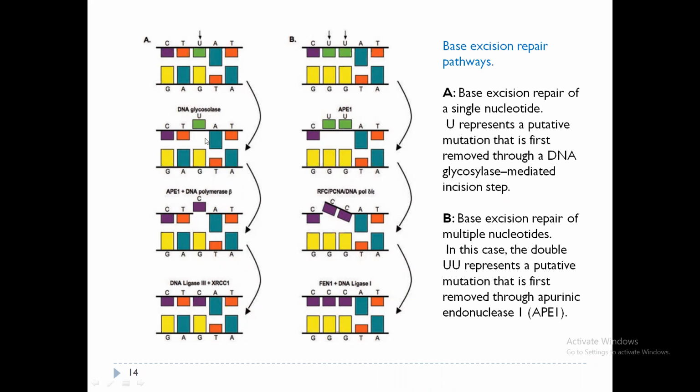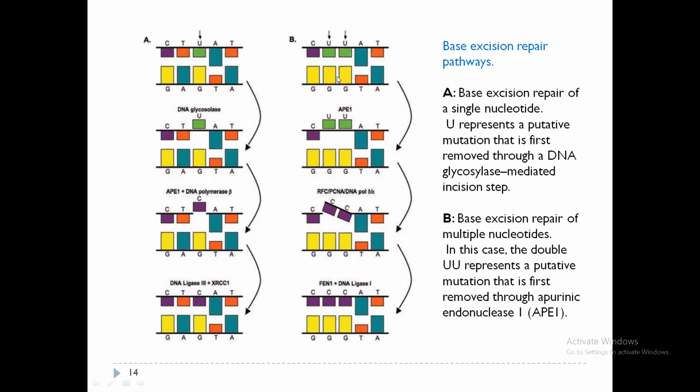Then the sugar will be removed by APE1, apurinic endonuclease 1. For the repair of the DNA strand, there is the enzyme DNA polymerase beta, and finally ligation of the strands occurs by DNA ligase 3 and XRCC1. This XRCC1 helps in the binding of this ligase with the strand, so it facilitates the action of DNA ligase 3.